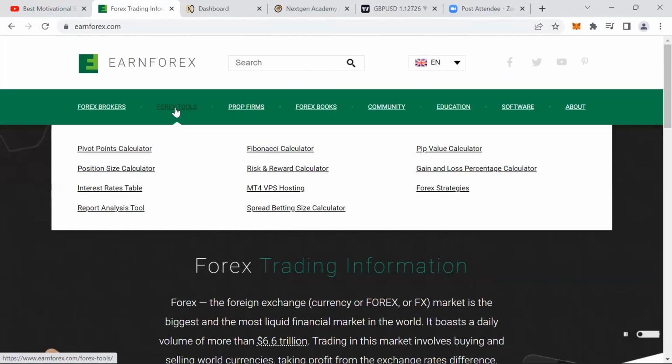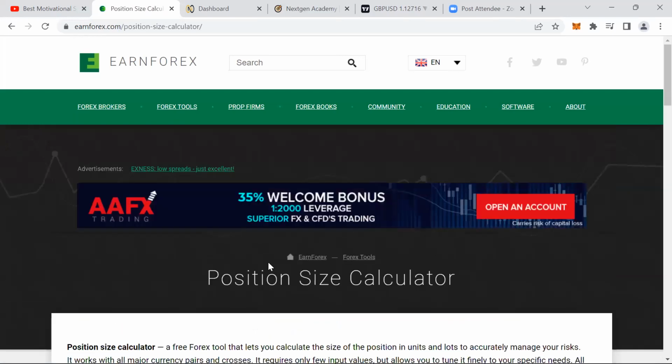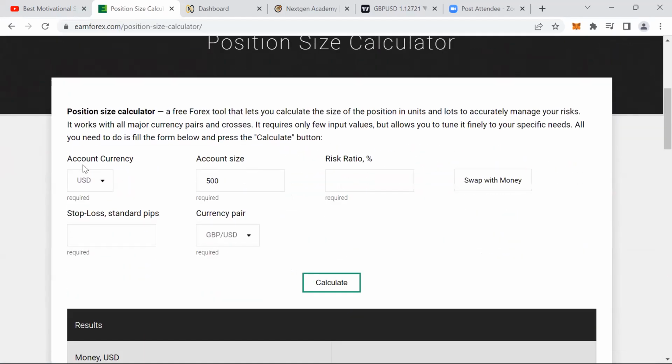Then you click on Forest Tools, then Position Size Calculator. You hit on it, and it will bring this up. Your account is in USD. If it's in pounds, you put pounds. If it's in euro, you put euro. That's your trading account. Then you put the amount of money in your account. Let's say it is $1,000.